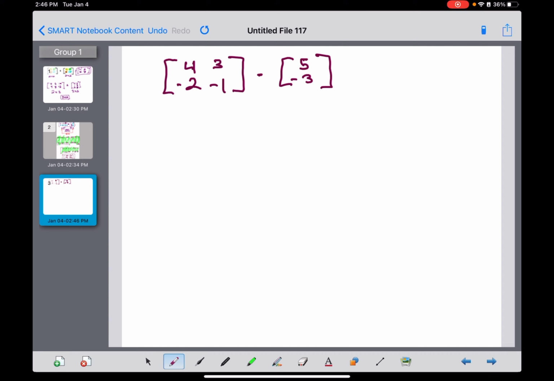So step 1, dimensions. We have to see if we can do it. The first one, 2 rows, 2 columns. It's 2 by 2. Second one, 2 rows, 1 column. 2 by 1. If you look at the middle terms, they're the same. So since they're the same, yep, you can do it.